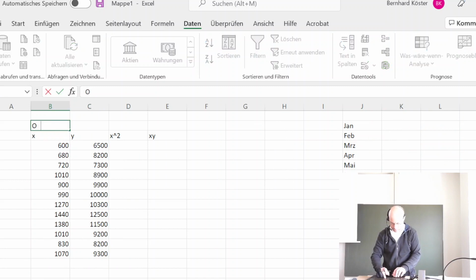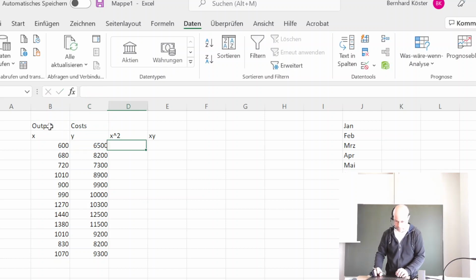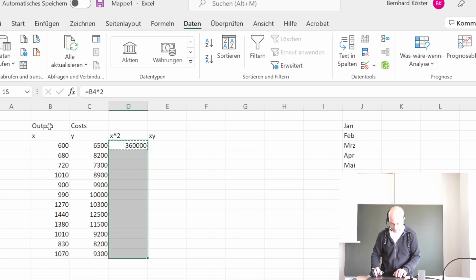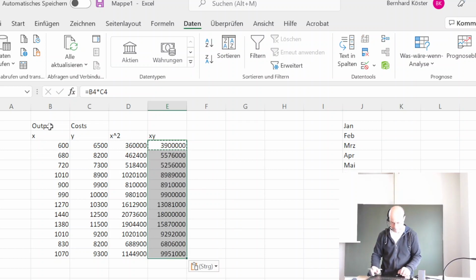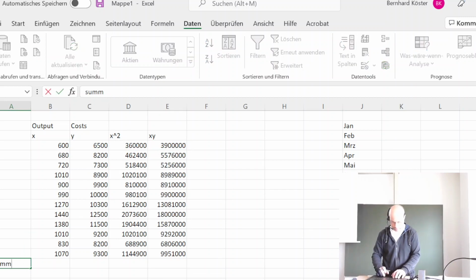Oh, this we have to move somewhere else. So this was output, and this was costs. Then we need the squared x, so this squared, and we need the multiplied value, 600 times 6,500. And we always need the sums.